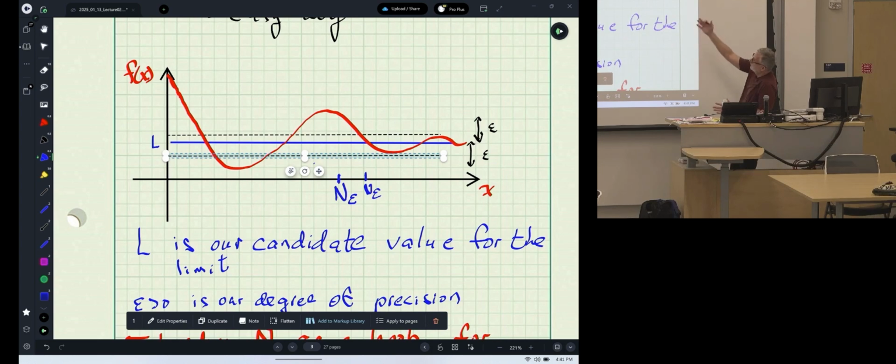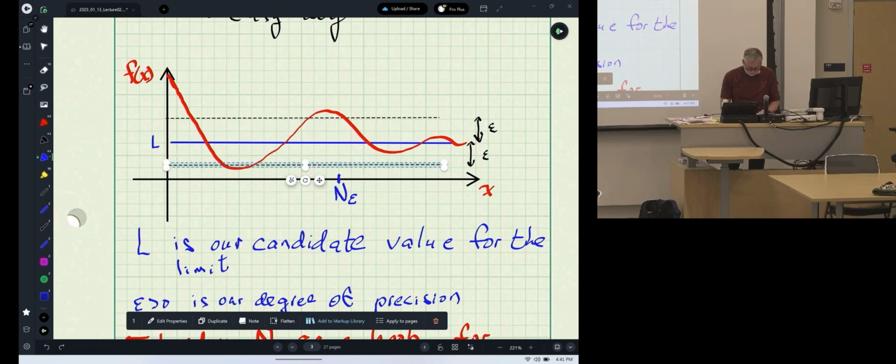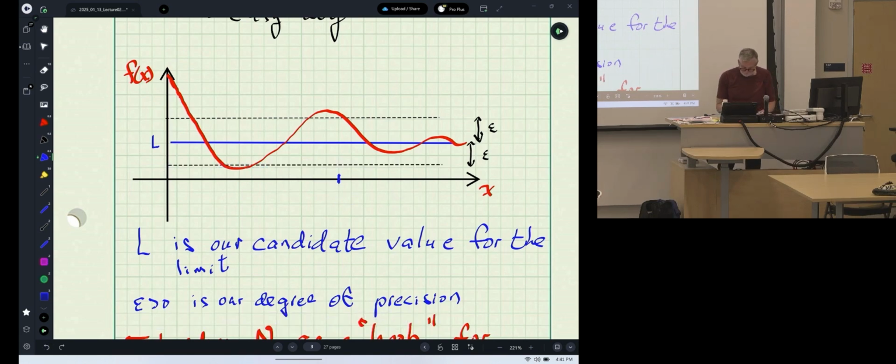So I'm going to erase these changes, but I'm just trying to illustrate that the more precise we try to make the estimation of the function getting close and staying close to our candidate limit, we do, in general, have to change the estimate n. I'll put that one back.